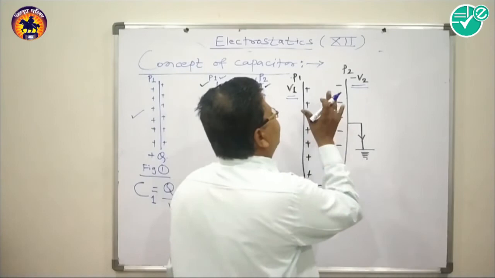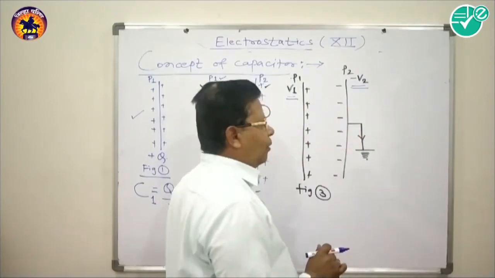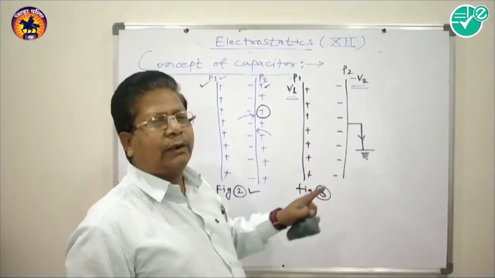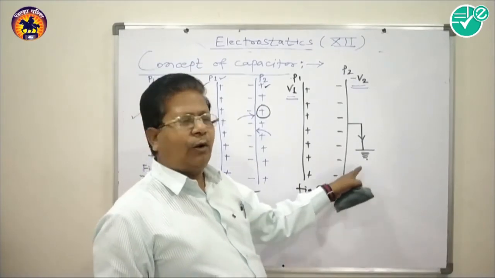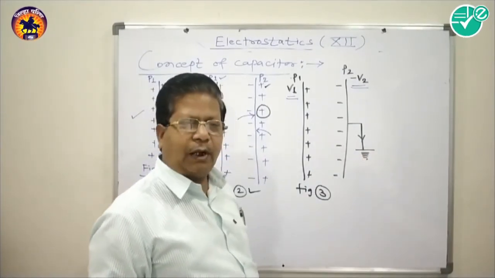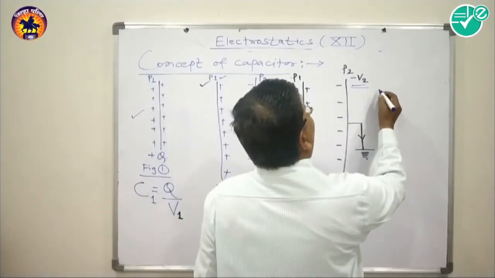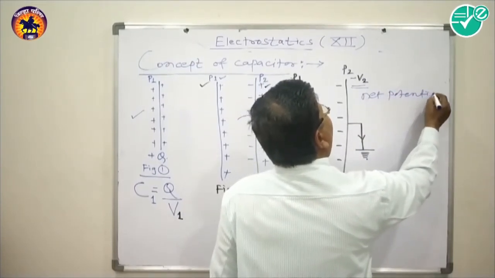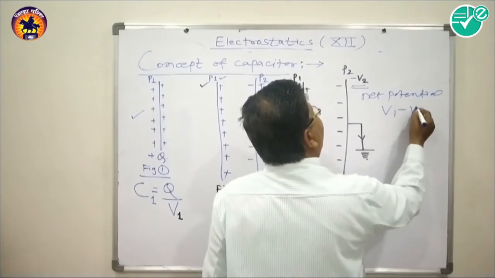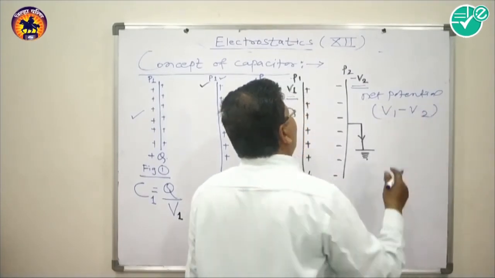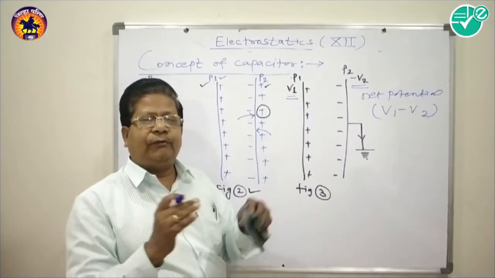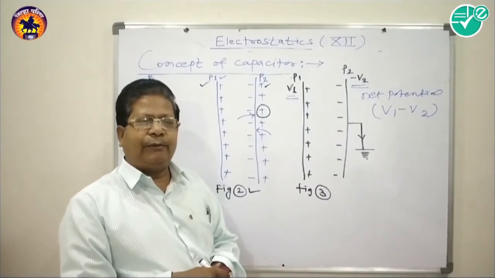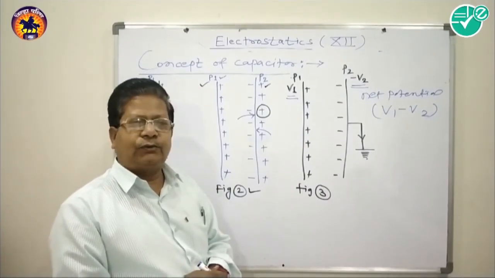And due to this system formed by the two conductors, in which one of the conductors is connected to the earth, the net potential between the two plates P1 and P2 is V1 minus V2.